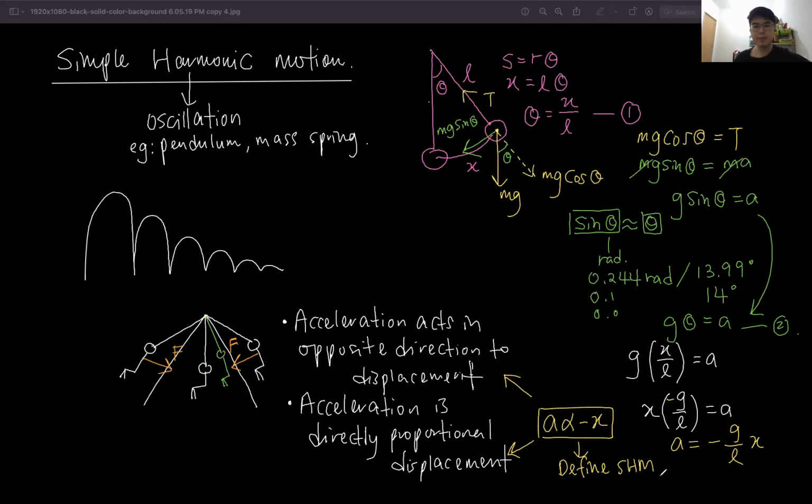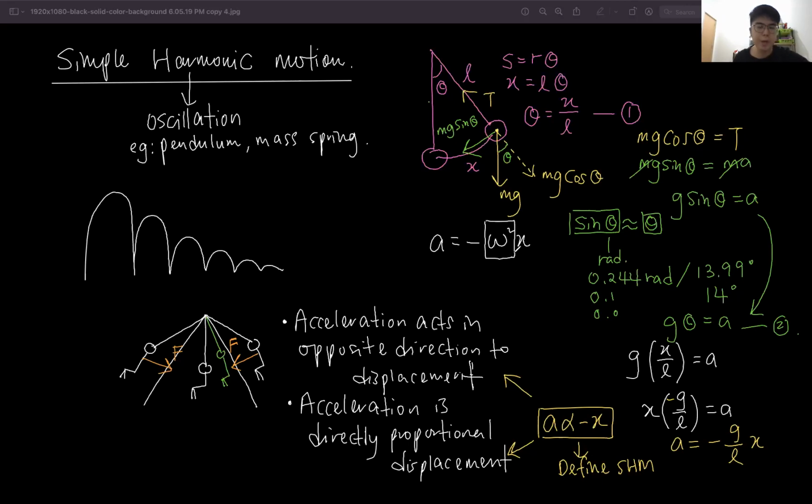Okay, the constant, g over L, the scientists decided to choose a quantity, omega. Instead of writing this one, they decided to put a equals minus omega square x. This is like the g over L is the constant value.